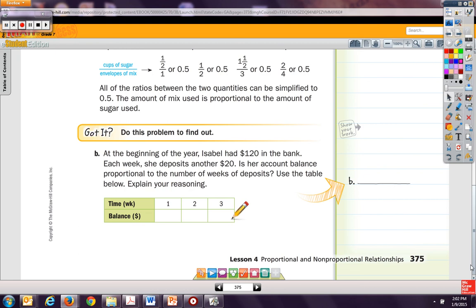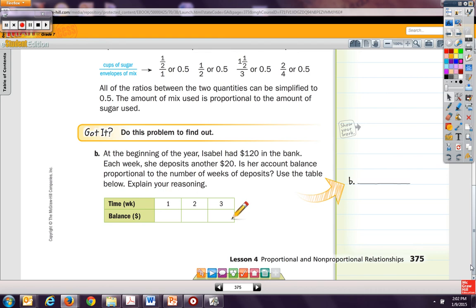Okay, so then here's another example. At the beginning of the year, Isabel had $120 in her bank account. Each week she deposits another $20. Is her account balance proportional to the number of weeks she deposits? Use the table below. Explain your reasoning.